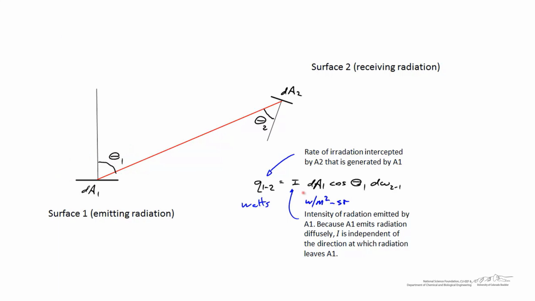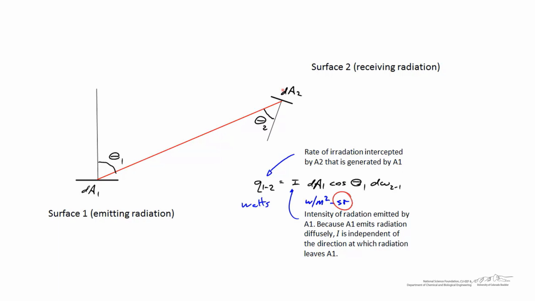The units of I are watts per meter squared per steradian. It means the wattage emitted by surface 1 per square meter of surface 1 per steradian. SR is an abbreviation for steradian. I'll talk about it in a second, but really what it means is almost per unit area of target. A steradian is effectively how big your target is.